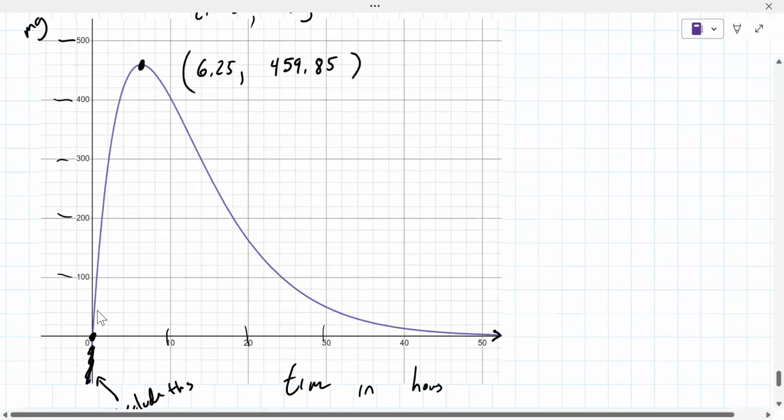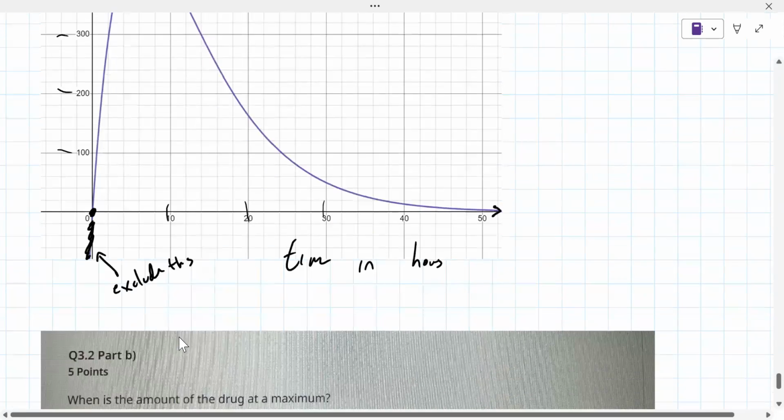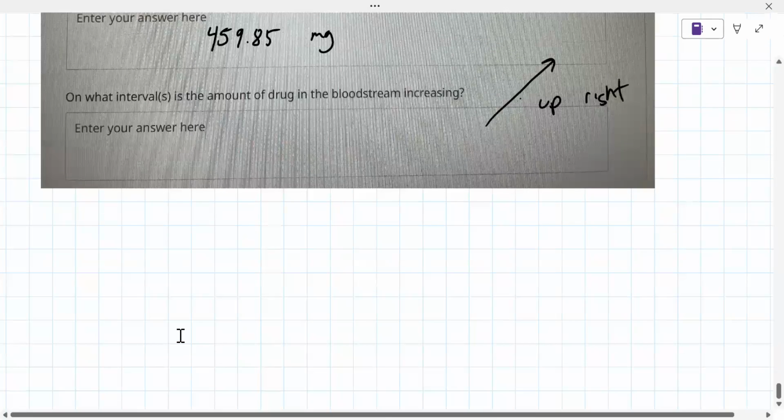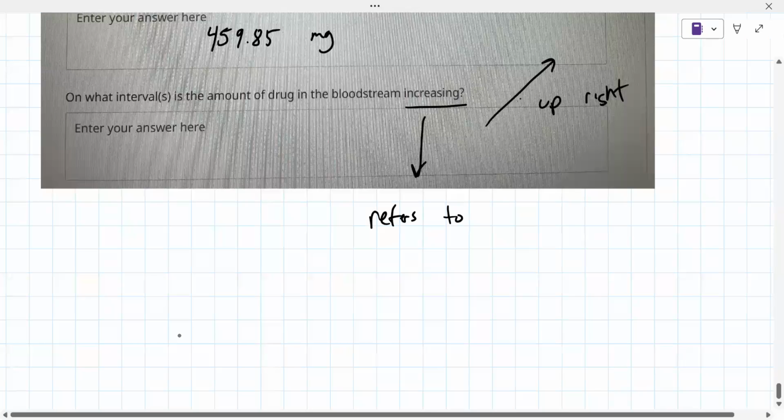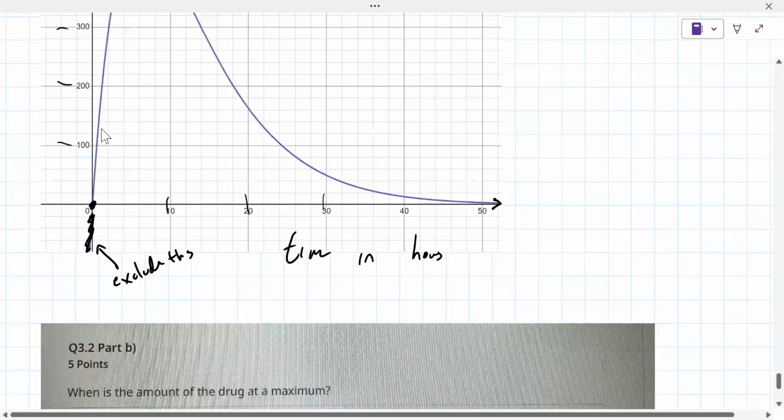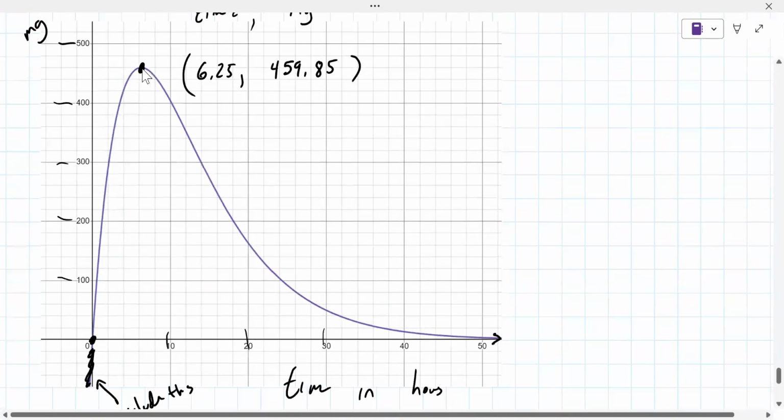So it's increasing when it's going up and to the right. And very important here is that increasing refers only to the X values. So we only care about the X values. You don't care about the Y. So you just look, okay, it's increasing all the way up to here.